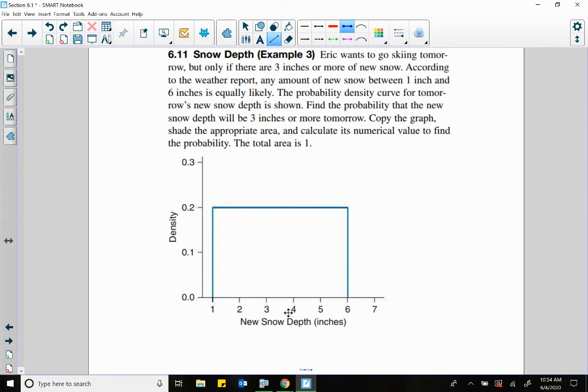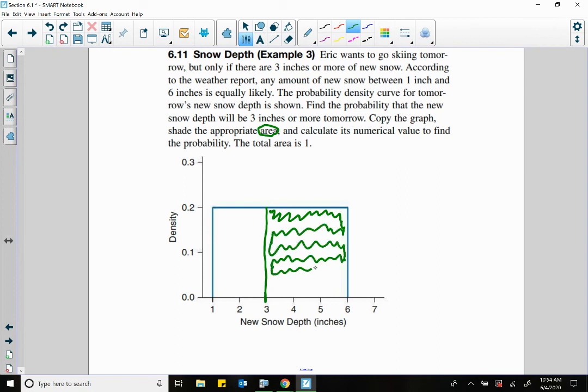Right there, I am telling you how to find the probability for this. The key word, area. So we want to know what's going to happen from 3 or more inches. We want to know this probability.